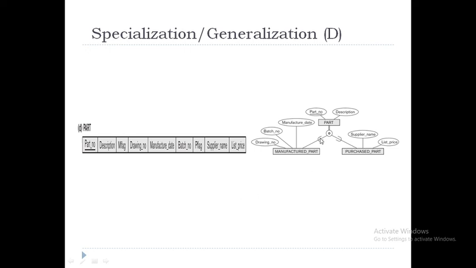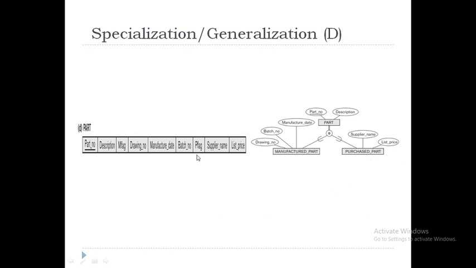And for an overlapping specialization or generalization type, we will have an attribute which decides whether it is overlapping, for example whether the instance belongs to manufactured part or purchased part or both.